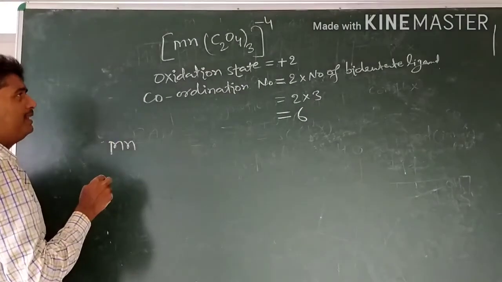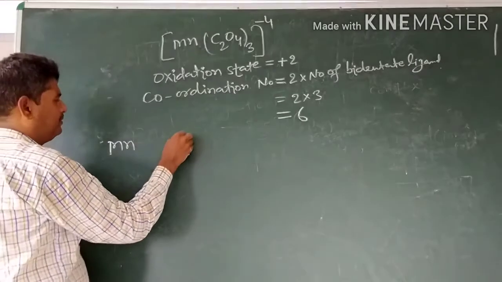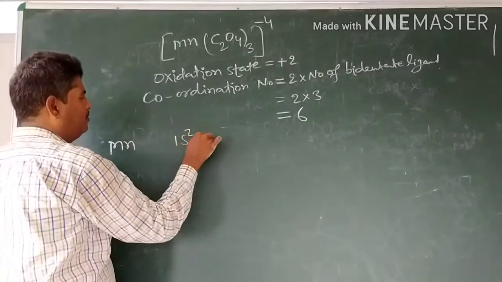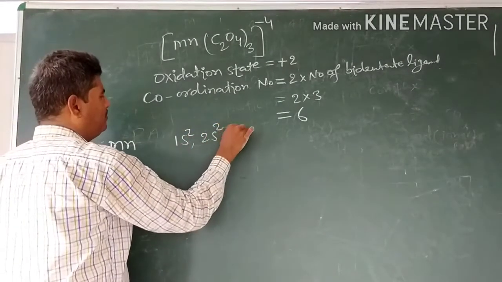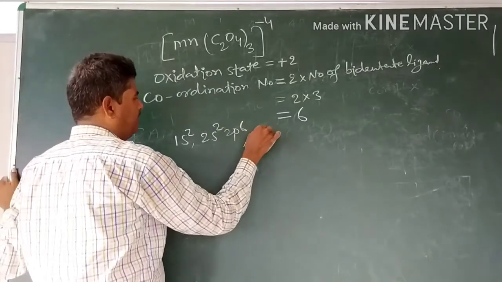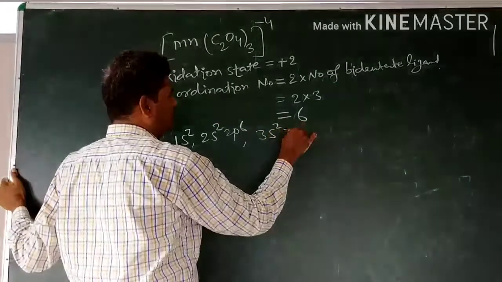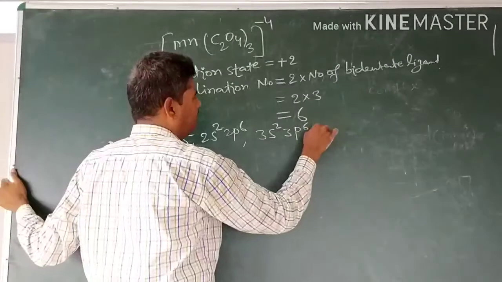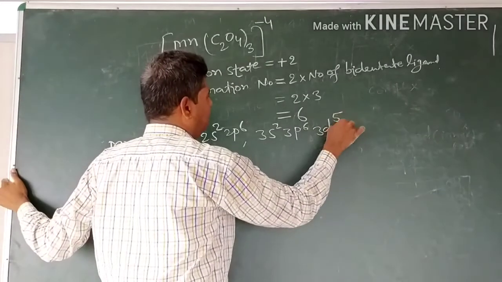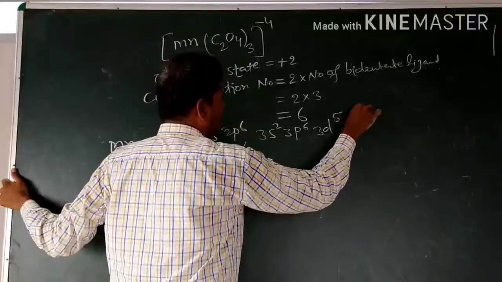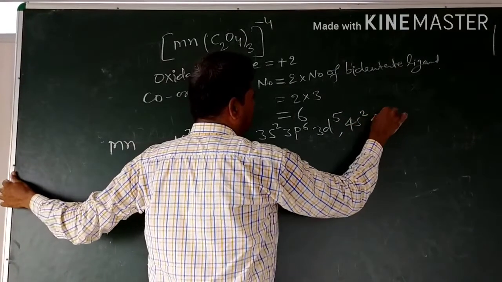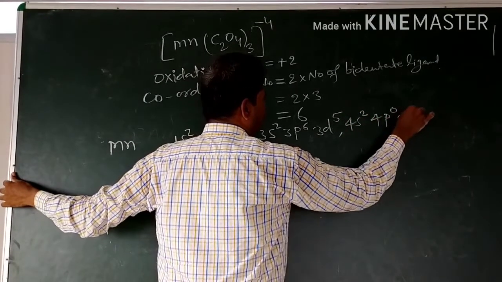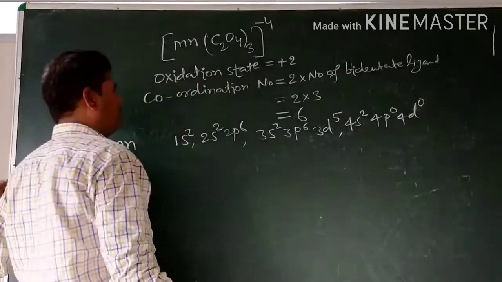Atomic number of manganese is 25: 1s2, 2s2, 2p6, 3s2, 3p6, 3d5, 4s2, 4p0, 4d0.